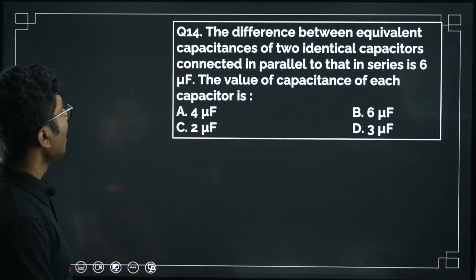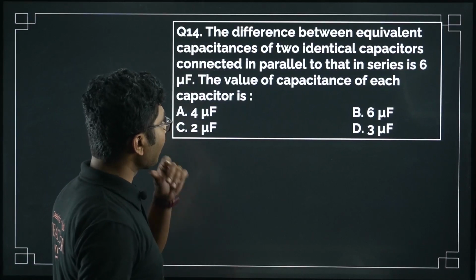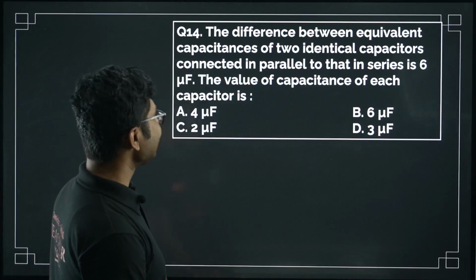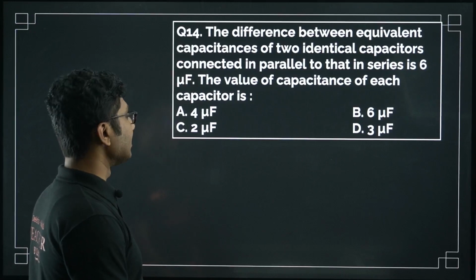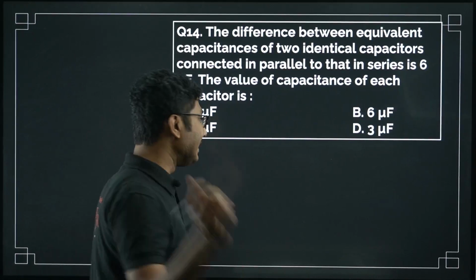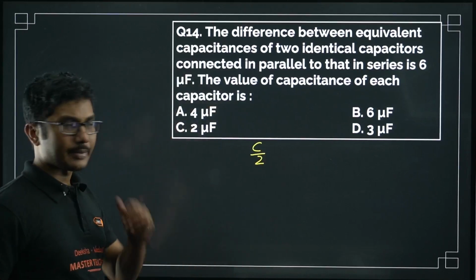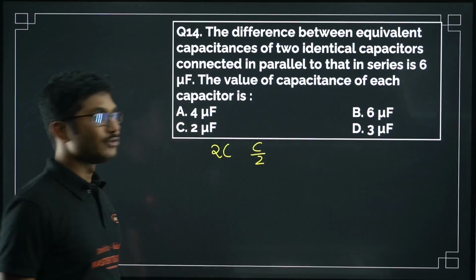Let's move on. The difference between equivalent capacitance of two identical capacitors connected in parallel to that in series is 6 microfarad. The value of capacitance of each capacitor is? So when two equal capacitors are connected in series, their equivalent capacitance is C by 2. If they are connected in parallel, their equivalent capacitance is 2C.